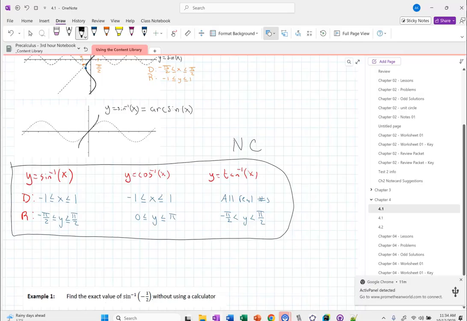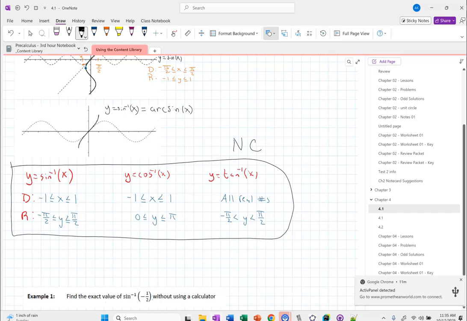So, if I take out my graphing calculator and I try to do the sine inverse of 3, what's going to happen? Error is correct.